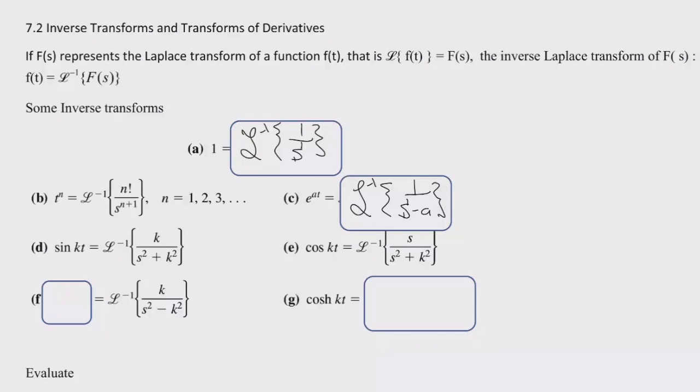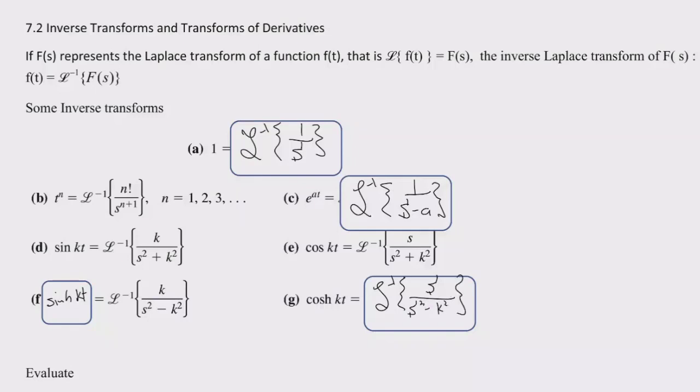If you remember from the chart last time that hyperbolic sine was underneath sine, so that's a sinh of kt. And then the cosh function is very similar to the cosine function in that it's s over s squared minus k squared.